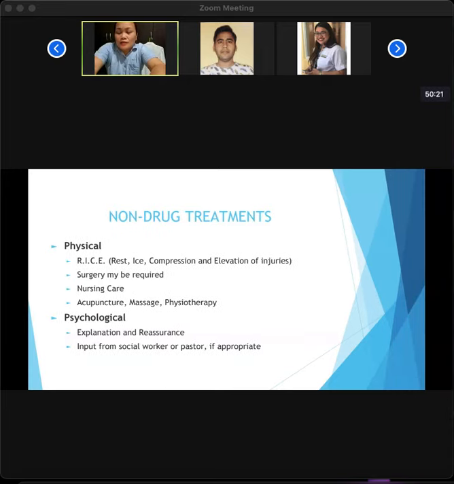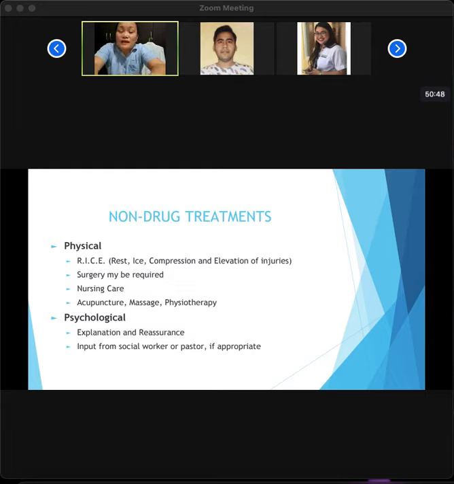So the non-drug treatments include your physical and psychological. For physical treatment, you should know the RICE: you have to rest, put some ice, do compression, and elevate the injured area. If you need surgery, then go to surgery.